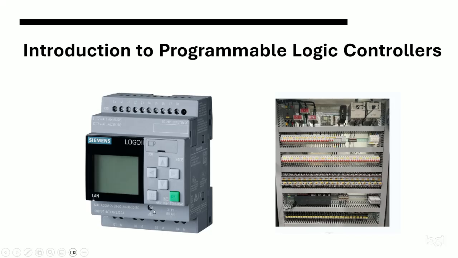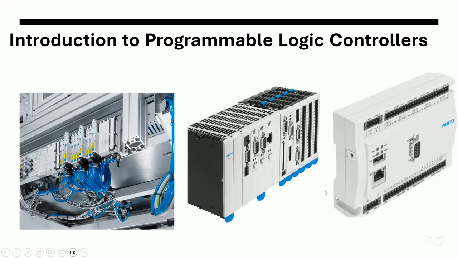But there are different kinds of PLC. For an industrial grade PLC, maybe in automotive, like Ford or BMW, they have very large stations, so their PLC may be as large as this one right here. And these are other types of modern PLCs, similar to this one, and also this one.